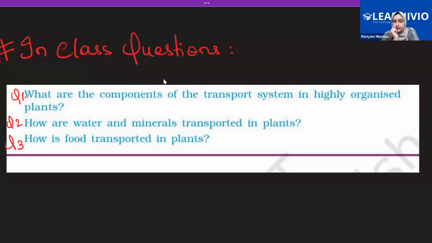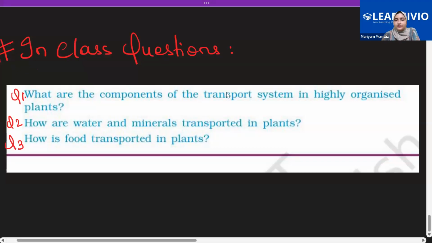Through xylem. And the direction of the flow through the xylem is? Unidirectional. Very good. How is the food transported in the plant? By the phloem and it is bidirectional. And the transportation of food has another name. What is it? Translocation. Very good. Translocation. All right.